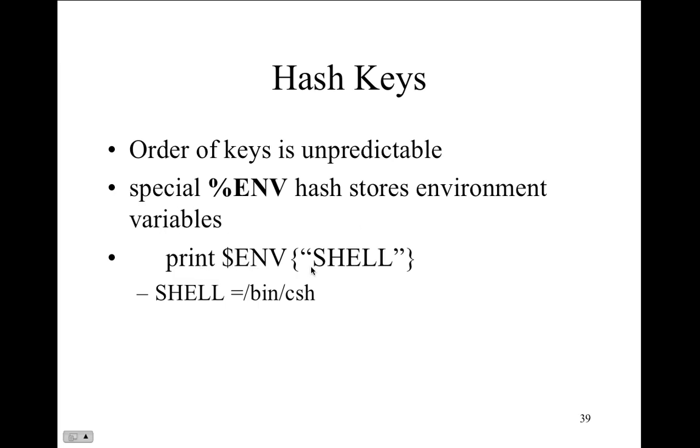Shell is going to tell us what shell is, because we've already set that in the environment. In fact, a lot of people do this. Print env gives you essentially the same kind of functionality as printing env from inside the shell. So it's very similar to shell scripting. Perl is sort of a hybrid of C and, I should say, shell scripting.